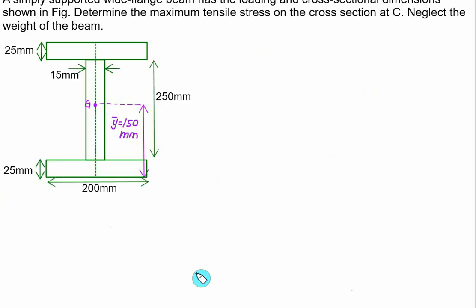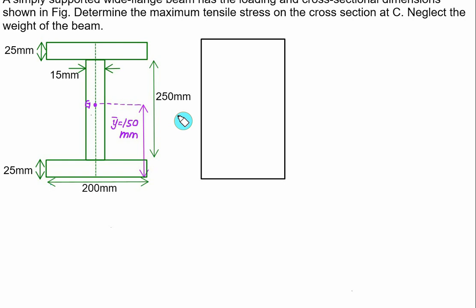Next job is to calculate the value of the moment of inertia of the given I section. So this figure consists of one standard rectangle of total height equal to 250 plus 25 is 275, plus 25 is 300, and width equal to 200.